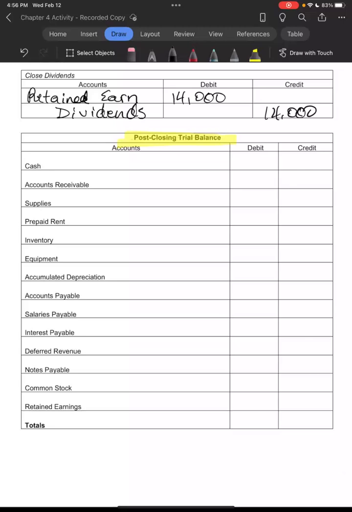The way you're going to fill them out is just say, oh well, cash we still have $98,000. Okay, we have $290,000 in receivables still. We have $8,000 in supplies. We have $176,000 in our prepaid rent asset. We have $494,000 remaining in our inventory. We have $250,000 worth of equipment. And we have $12,500 worth of accumulated depreciation.